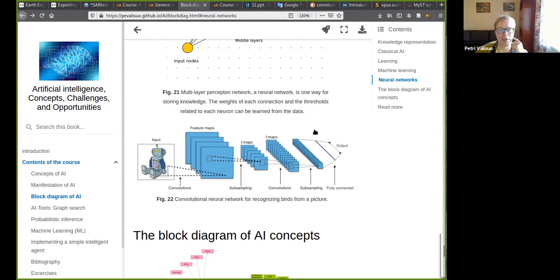So some of these filters can be low pass filtering, some can be edge detection filtering, and some of them can be high pass filtering or whatever. And these convolutions, you can think that they are like filters.